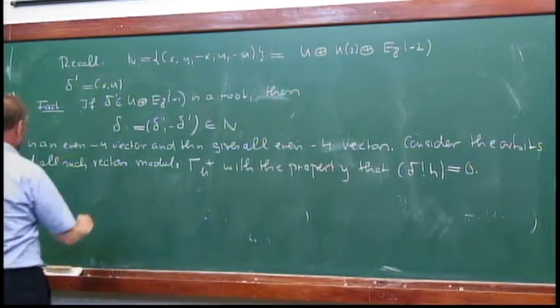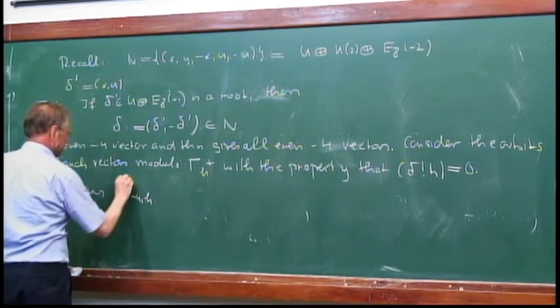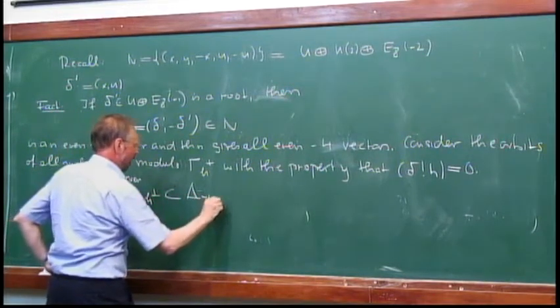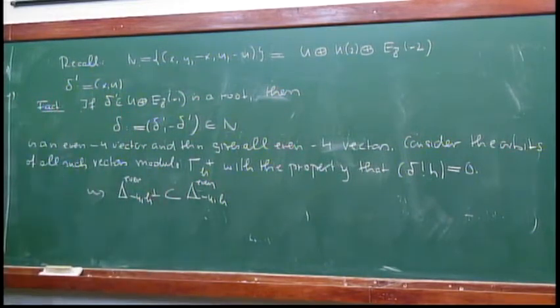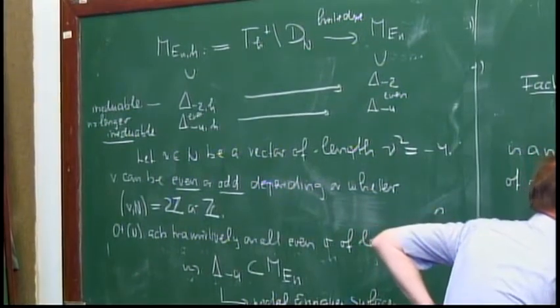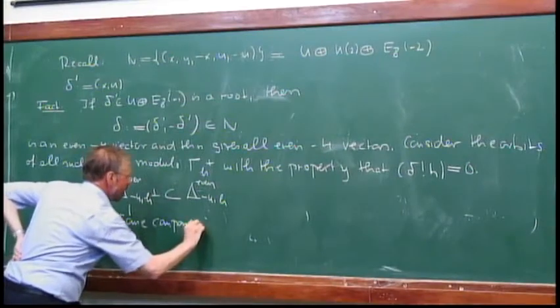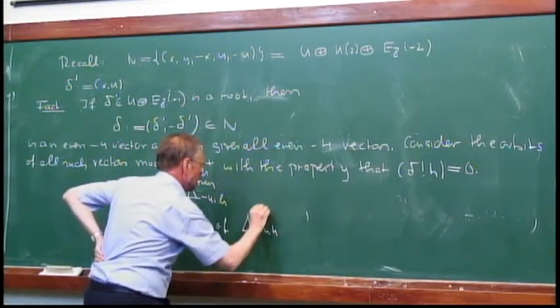So the result is this gives something, I should have put even here. Yeah. So this singles out some components of this delta minus 4h even.